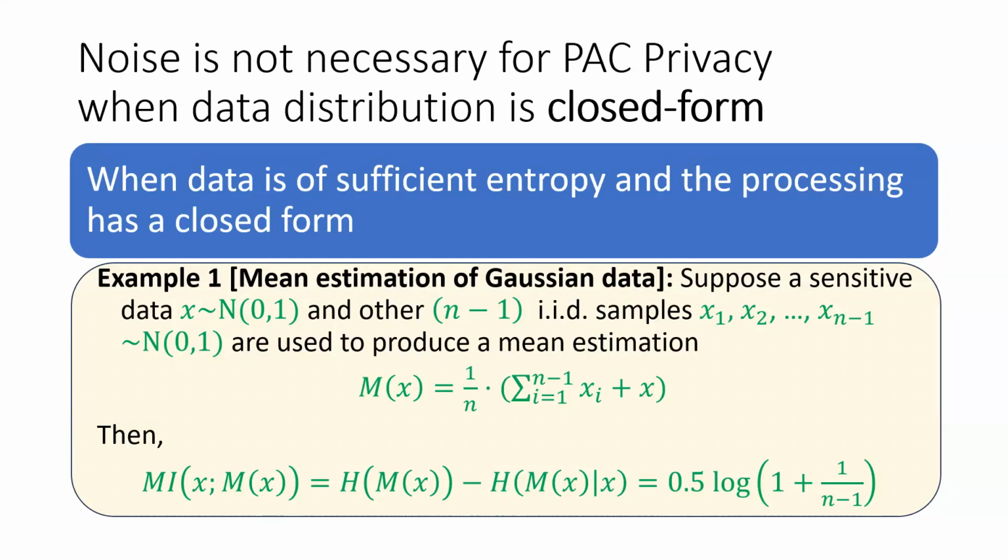In other words, when we average out more Gaussian data, we accumulate more entropy, and this random estimation itself is already able to hide any individual among this population without any noise. This is very different from differential privacy, where if you need some meaningful privacy guarantee, we need to randomize with noise some deterministic processing function.